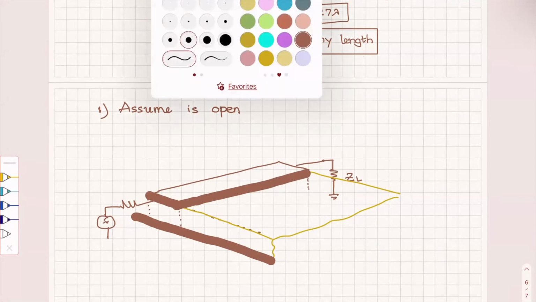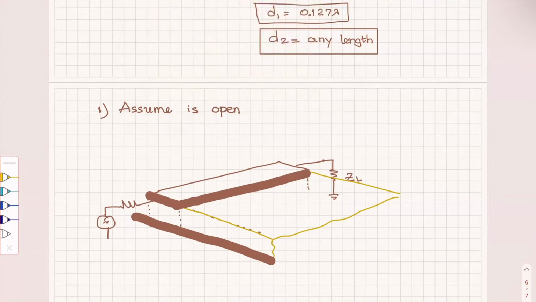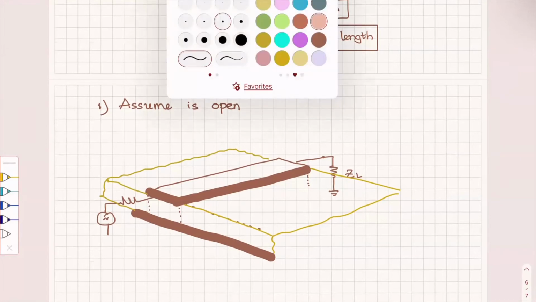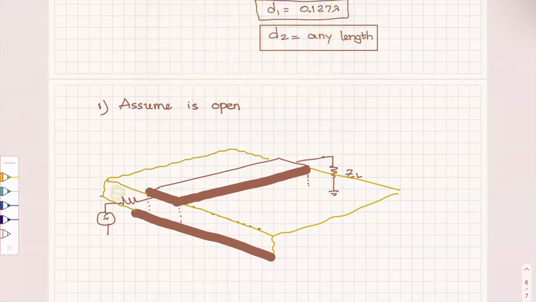And then I will assume that this substrate goes like this, something like that. All right, and then let's assume that this is my substrate here. So that's how the initial problem looks like.